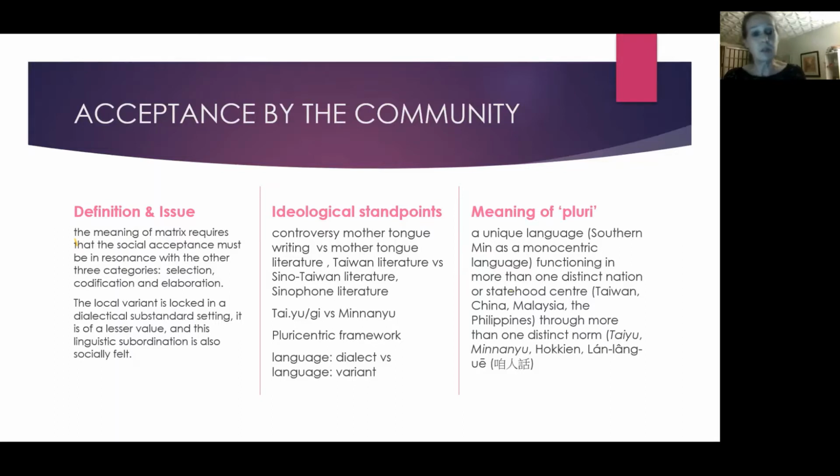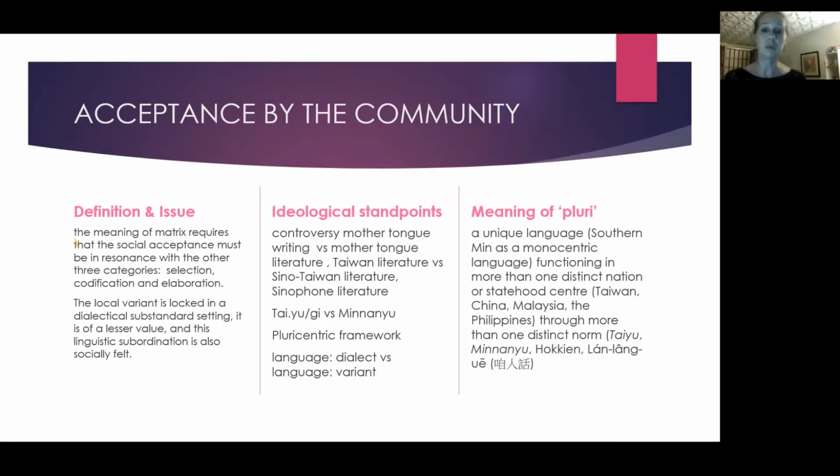Taiwanese is of lesser value, and the linguistic subordination is also socially felt. There are a number of ideological standpoints, controversies that showed up among the group of the language promoters.